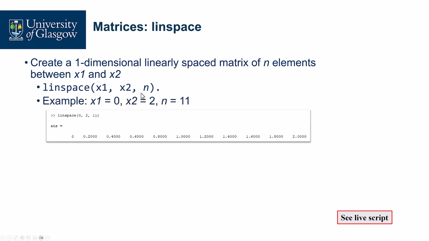Let's see an example. x1 equals 0, x2 equals 2, n equals 11. So linspace(0, 2, 11) generates 11 elements starting from 0 and ending at 2. The total number is 11, and these 11 elements are equally spaced. We can see the step size here is 0.2.